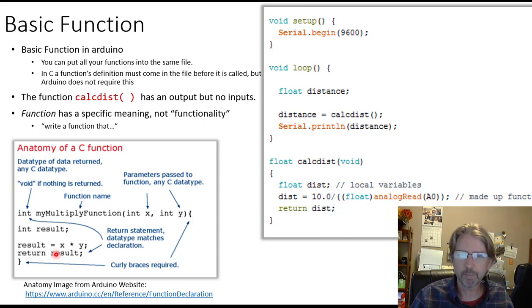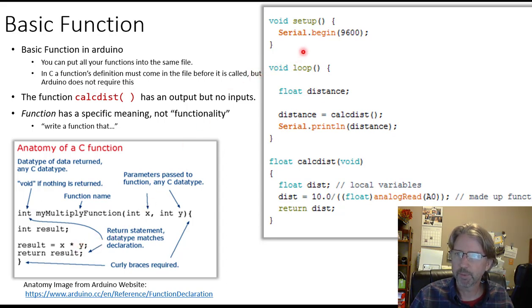In programs like MATLAB, you would give it a name, and that name gets returned, but here we say we're going to return an integer, and down here we say return this integer. You can actually have multiple return statements if you have complicated branching in your function, so this is a little more flexible. This result is a local variable declared inside the function. It's only used here, and then this gets copied into whatever calls the function.